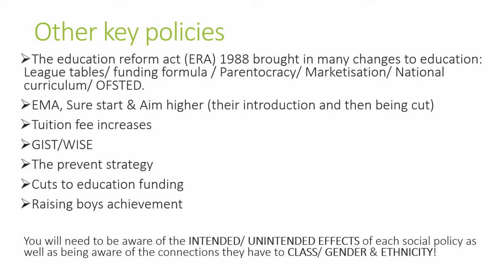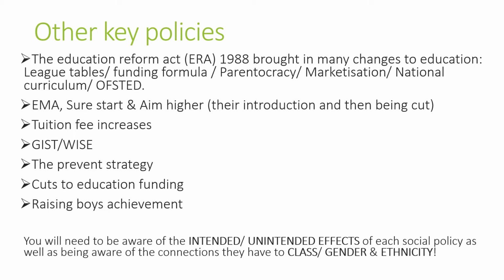Now, other key policies, the core policies that are always worth knowing and using, would be EMA, Sure Start, and Aim Higher, which were all introduced under New Labour and were all subsequently cut when the Conservative Lib Dem coalition came into power.